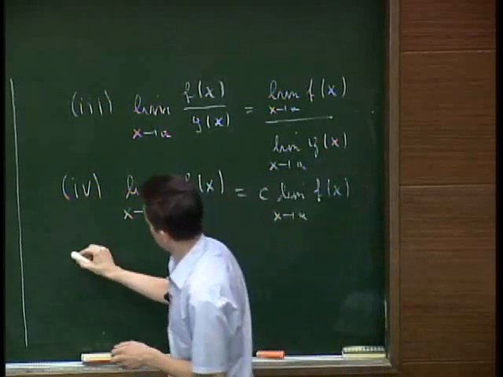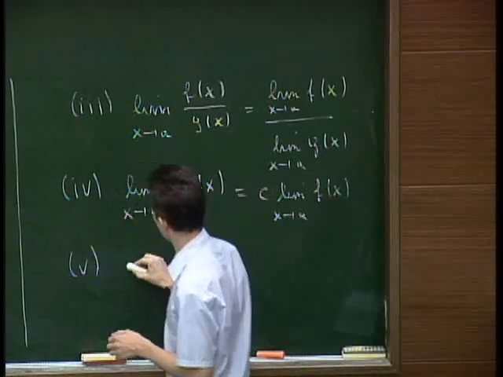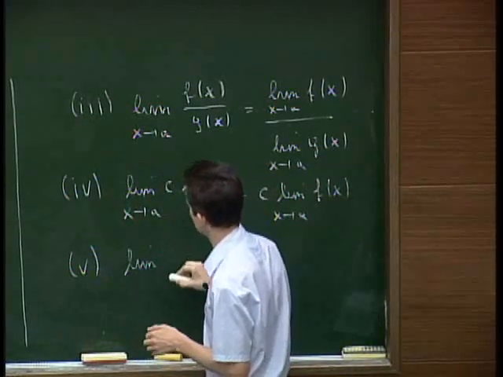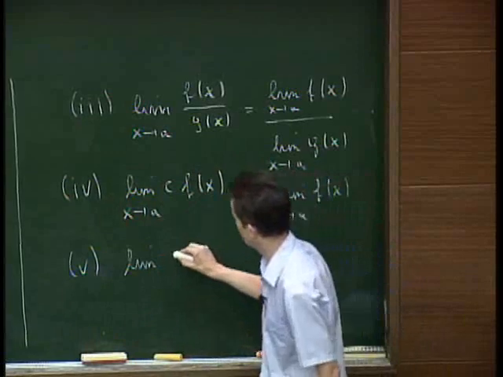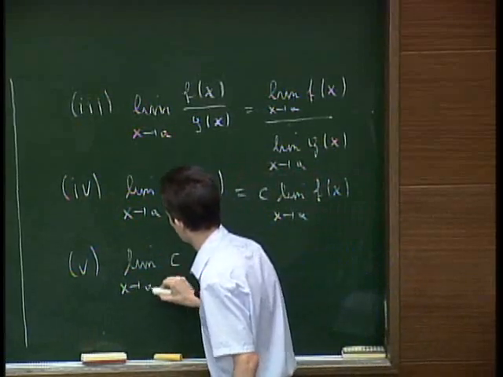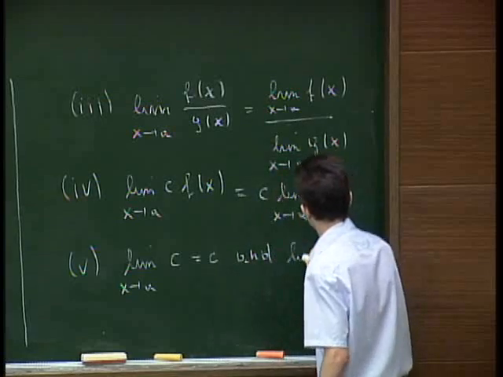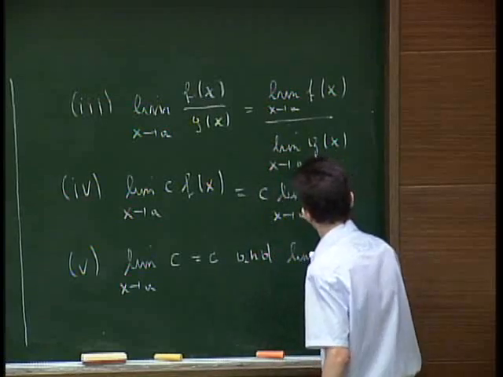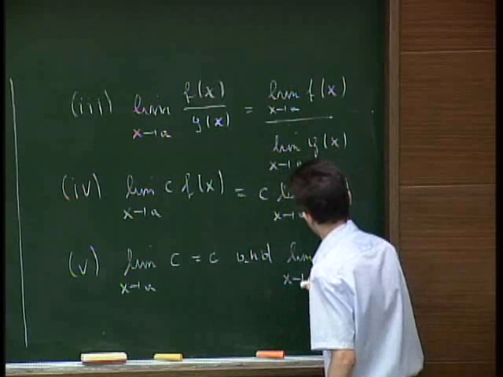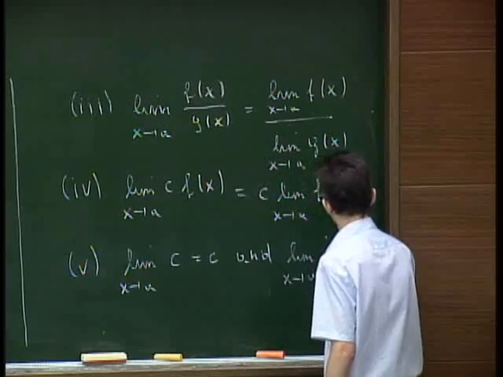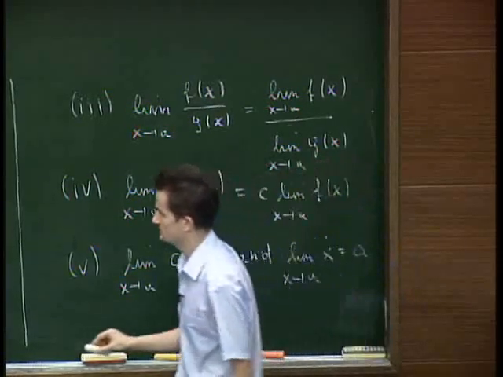And you have some basic rules, like some limit relations for easy functions. If you consider the limit of a constant, what you get is the constant. And if you consider the limit of x, then what you get is a itself.